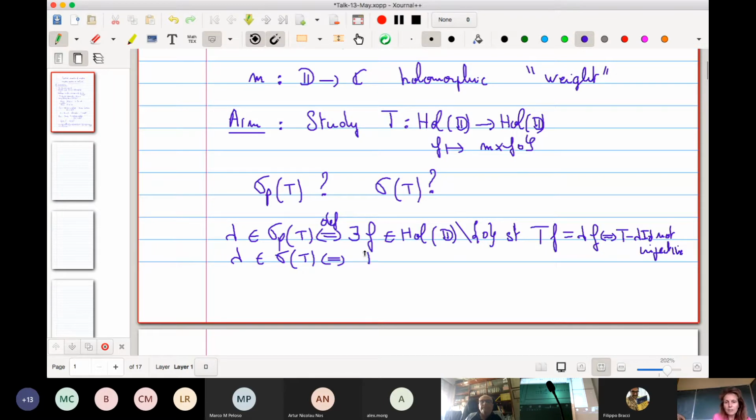And this is equivalent to say that, by definition, in our case for the spectrum, this operator is not invertible.